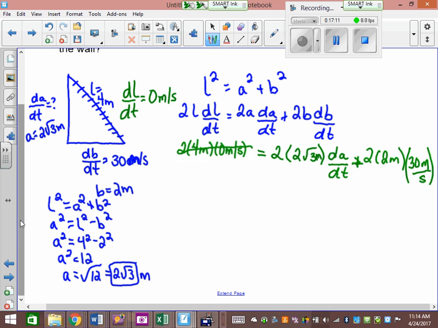So we're going to get 0 equals 4 root 3 meters dA/dt plus 4 times 30, which is 120. So we're going to have to subtract that 120 meters per second over first.